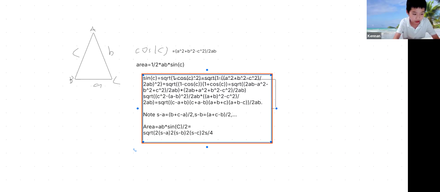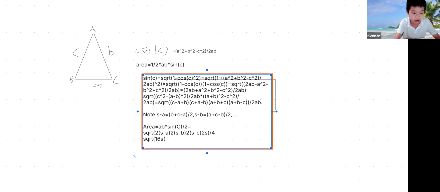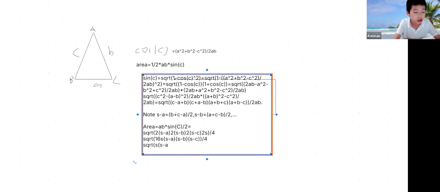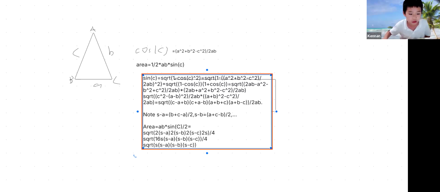This is the square root of 16 s times s minus a, s minus b, s minus c, over 4. And basically we arrive at Heron's formula. So that's how we use the law of cosines to prove Heron's formula. You can copy this if you want. Anyways, I think this should be the proof of Heron's formula.